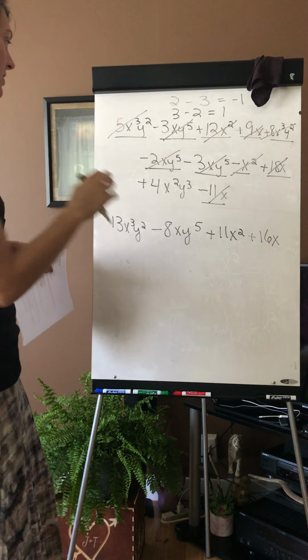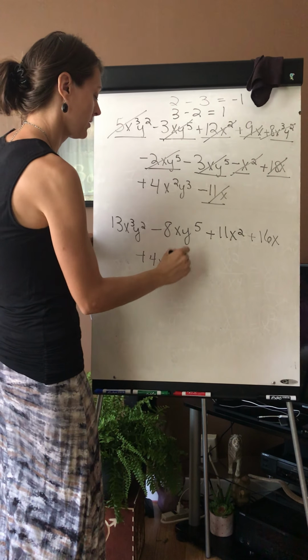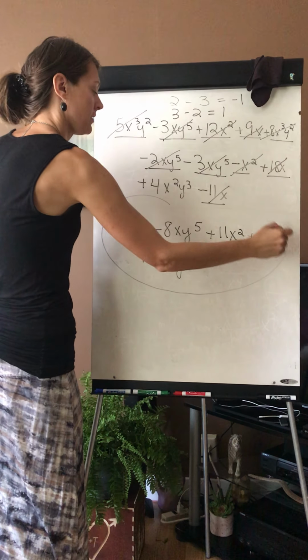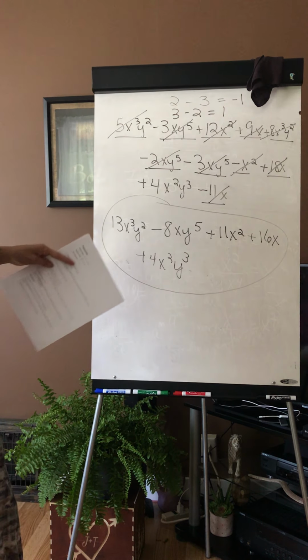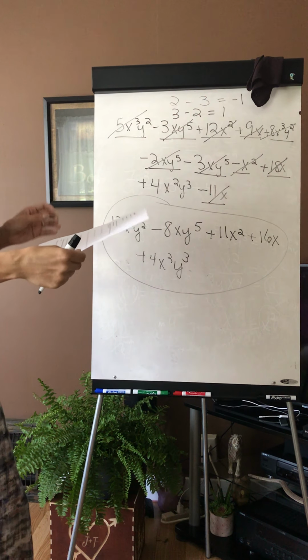Okay, and then lastly, we just have the plus 4x squared y cubed. So this will be our final answer. And that is it for those 3 addition subtraction problems.